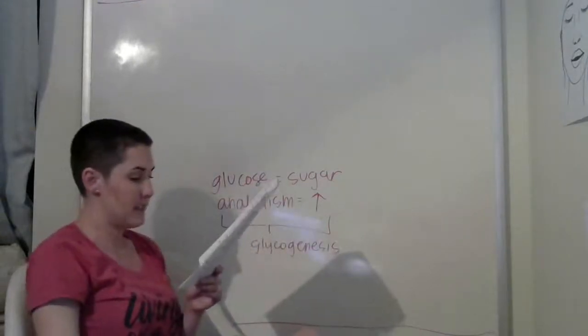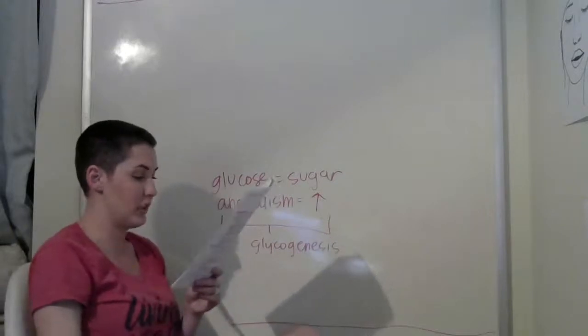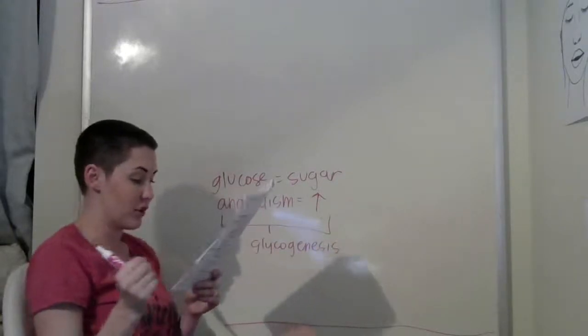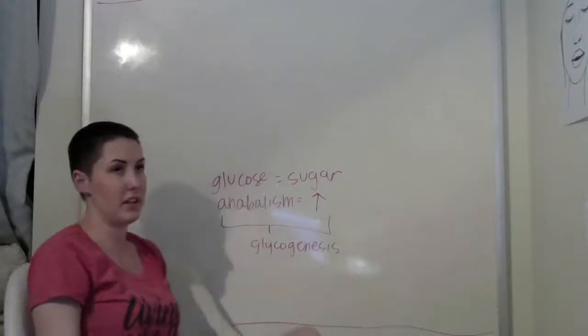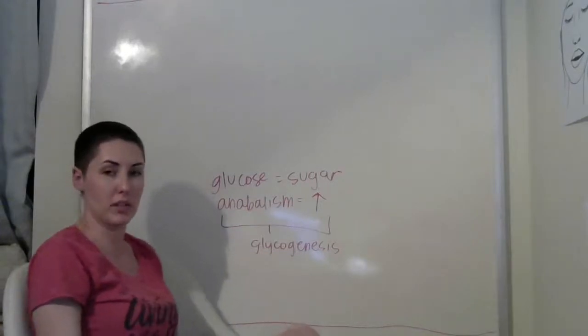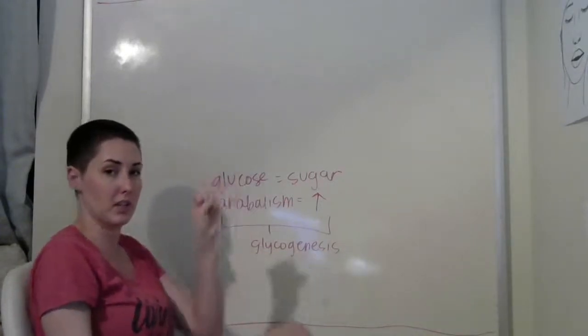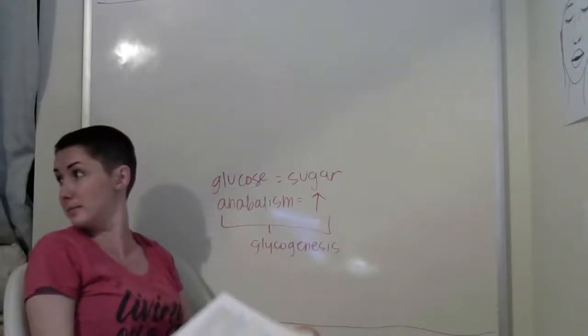This is carried on in the liver and muscle cells and consists of a series of reactions that join glucose molecules together to form glycogen or an animal starch. So when I think Genesis, I think like the first book in the Bible, like everything's kind of being born, but like everything's kind of being built up. So sugar being built up.